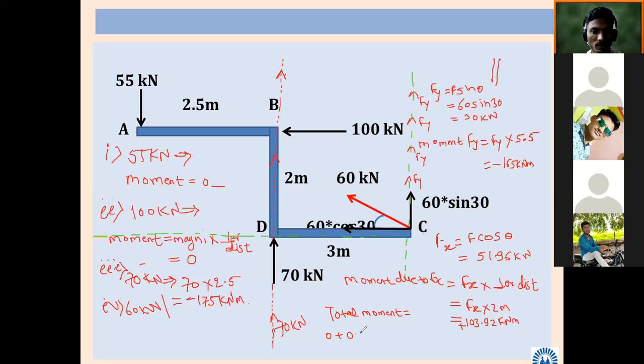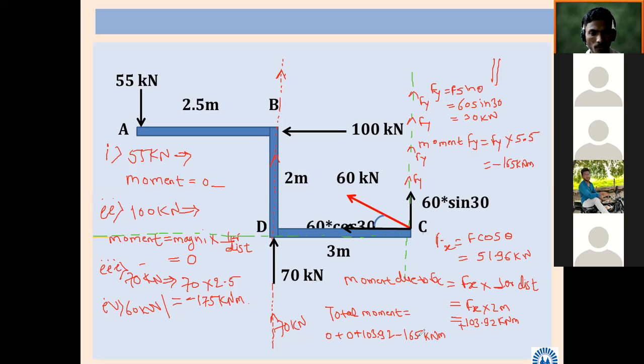Due to apex, how much was it? 51.96 or sorry, 103.92. Minus due to Fy, it was minus. How much is it? Minus 170 or 65? 175?